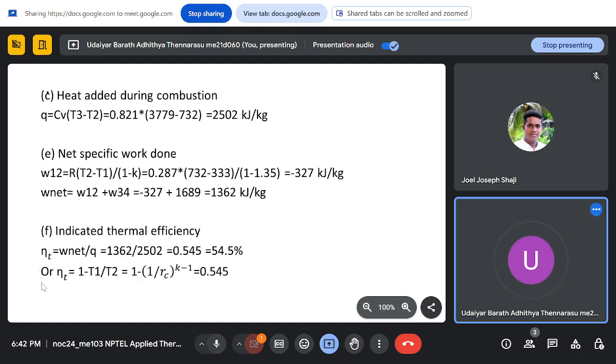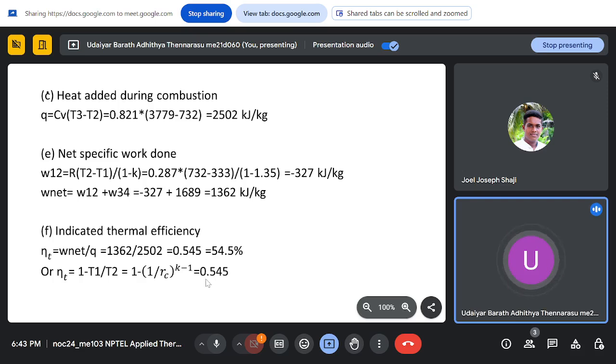So this is one way of finding the efficiency. The other is 1 minus T1 by T2, or 1 minus 1 by Rc raised to power gamma minus 1, where Rc is the compression ratio.